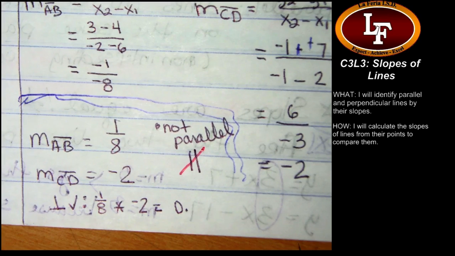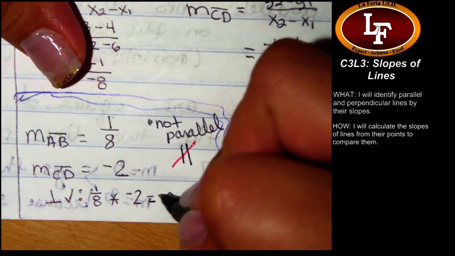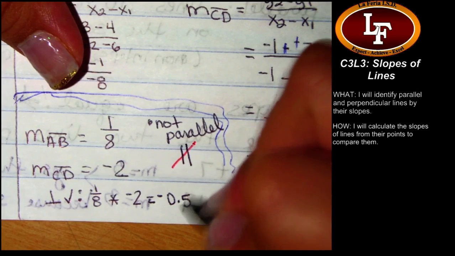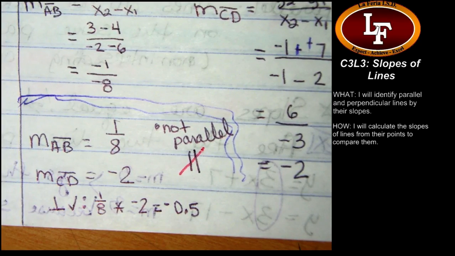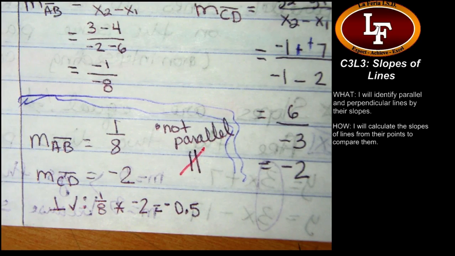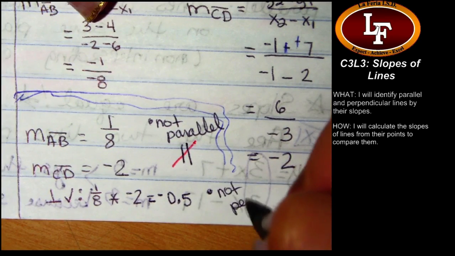That seems weird to me. Put your 1/8 in parentheses when you're doing it on the calculator, because that number seems weird. My brain is saying -0.5. Is that -1? No. So there's no way these two lines could be perpendicular.